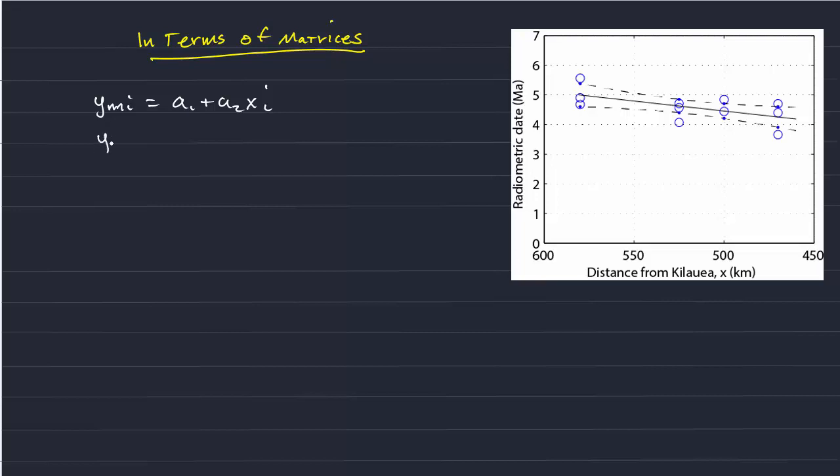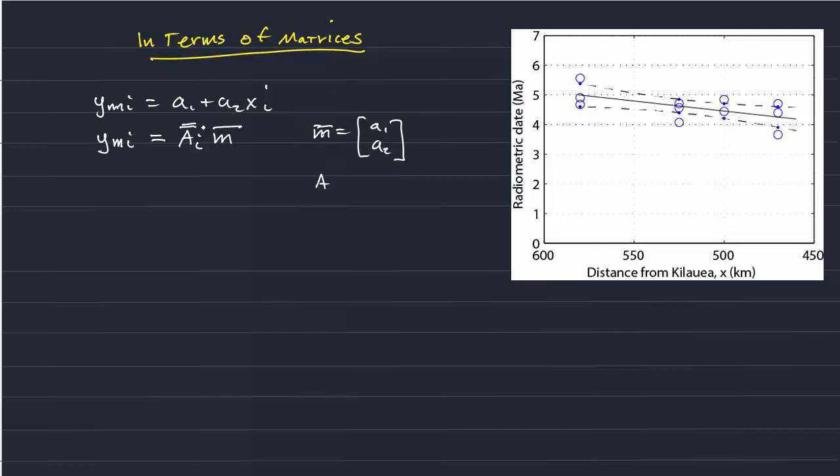And we can write that out as ymi is equal to the ith row of A times the model parameters, which contain, again, so the model vector is the vector of a1, a2.